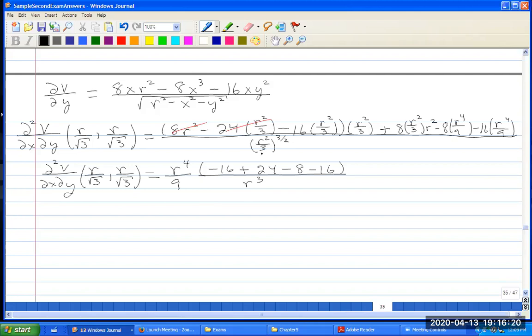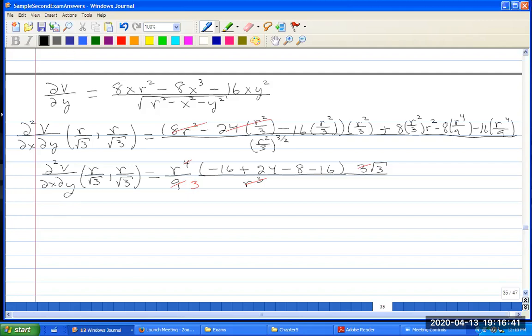And I'm dividing by 3 to 3/2, same as multiplying by 3 to the 3/2. You can leave it like that. So it cancels all but one r. Cancels, and you get a 3.